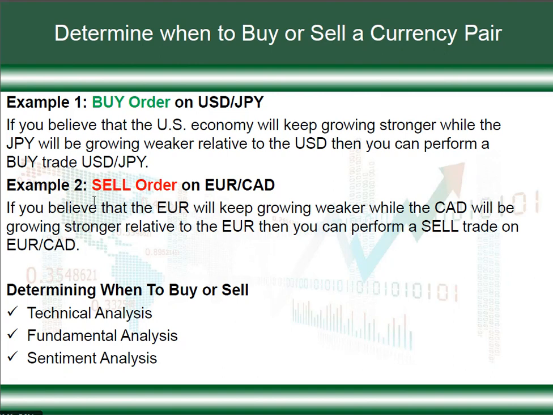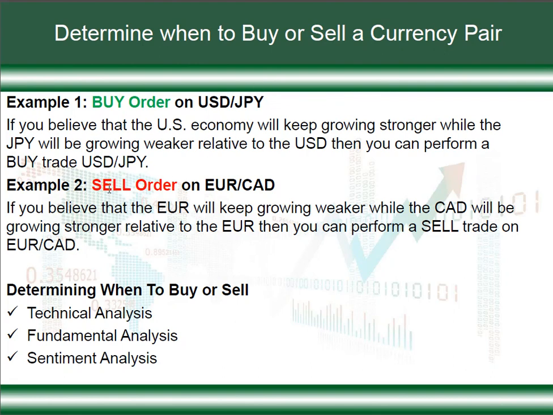Now, for you to buy an order in the market, for example, you want to buy USD JPY. Remember, when I'm saying you are buying the base, selling the quote. Okay? You only do a buy if you are hoping or you believe that the United States dollar will perform better than the Japanese yen. In other words, you do a buy when you believe that the base currency will become stronger than the quote currency.